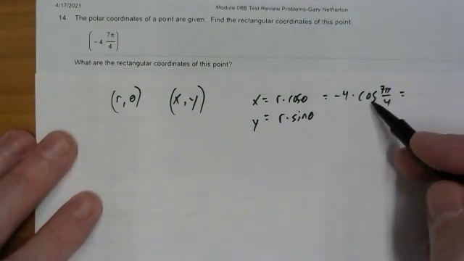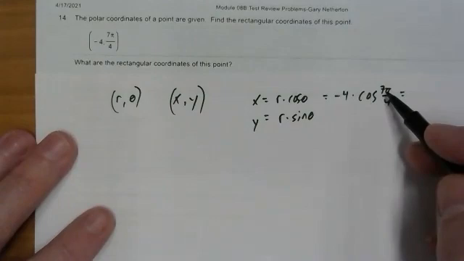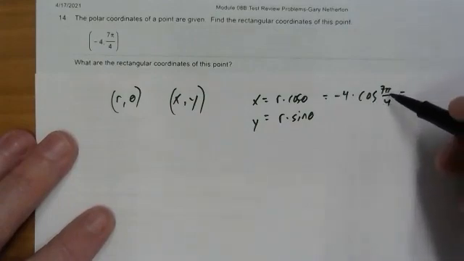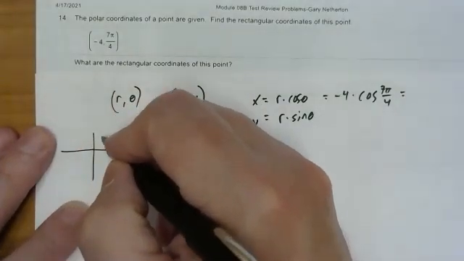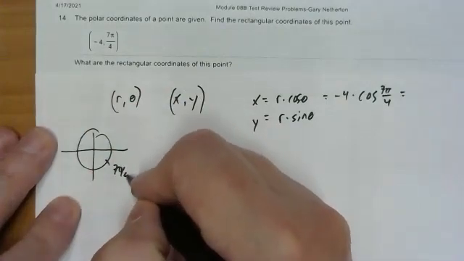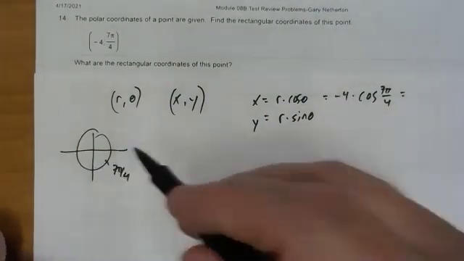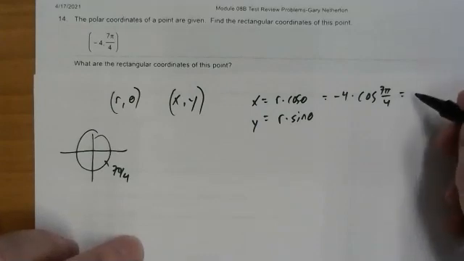Now, from our unit circle, hopefully you've got these memorized in your head. 7 pi over 4 is over in the fourth quadrant, right? 7 pi over 4 is right here. And we know the cosine of that is square root of 2 over 2.